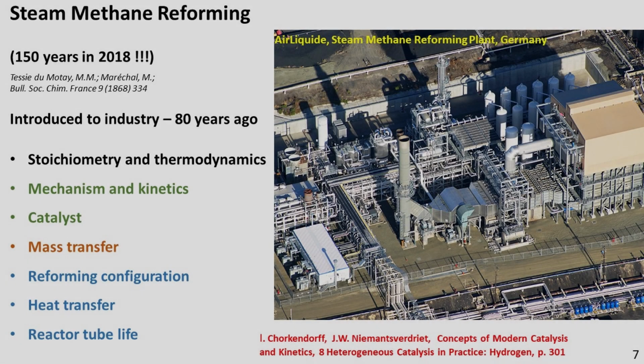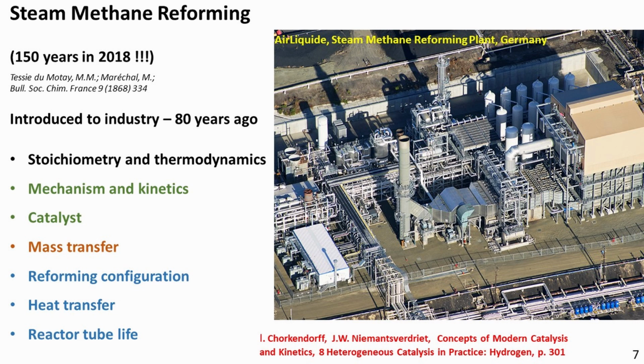The steam reforming reaction was introduced to industry more than 80 years ago, although the reaction had not been the subject of many scientific studies. Early work in the 19th century included reaction of hydrocarbons and steam over calcium oxide and nickel.